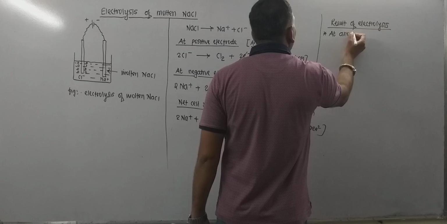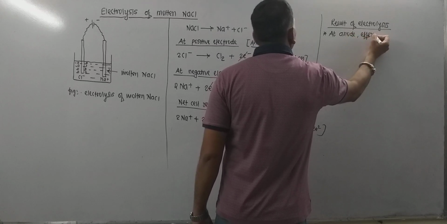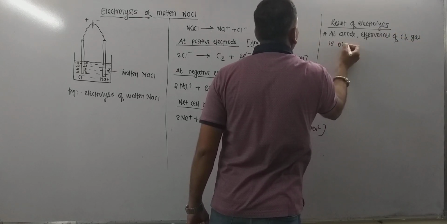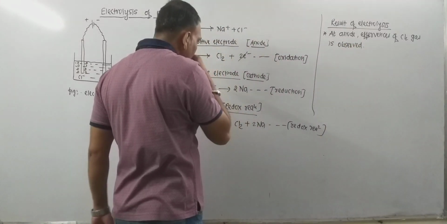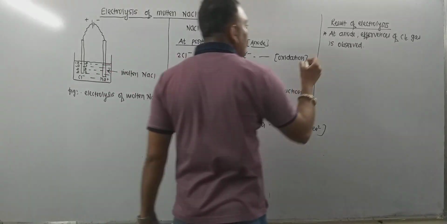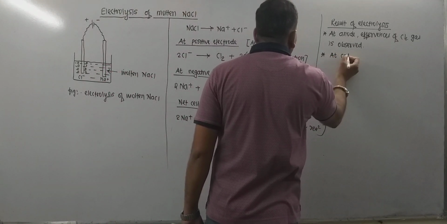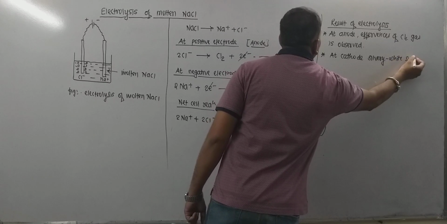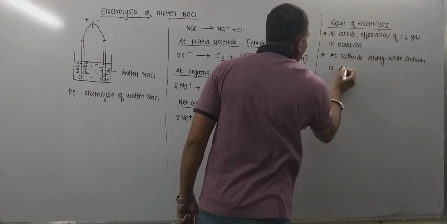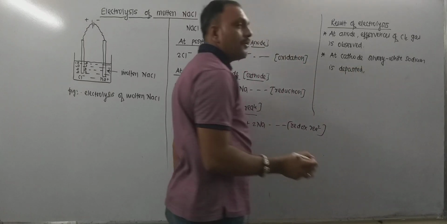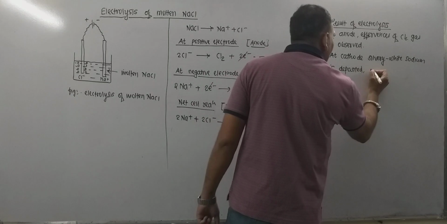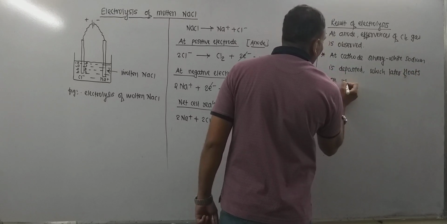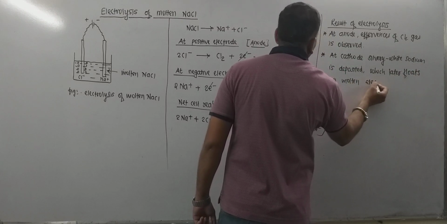So at the anode, effervescence of chlorine gas is observed, and at the other electrode, I mean at the cathode, silvery white sodium gets deposited, which in turn floats on the molten electrolyte.